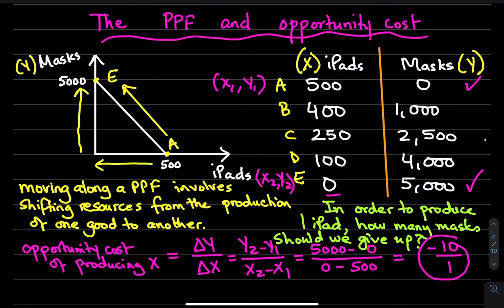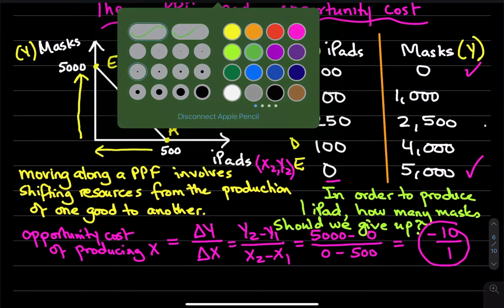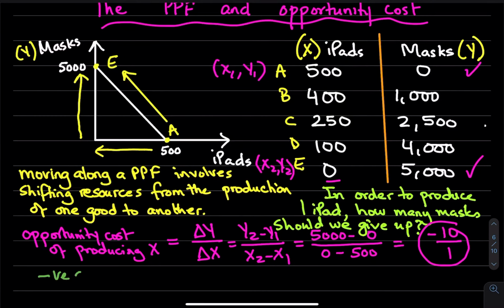Now the negative sign represents the downward slope of the production possibilities frontier, but also the fact that in order to produce more of X, you have to give up Y.